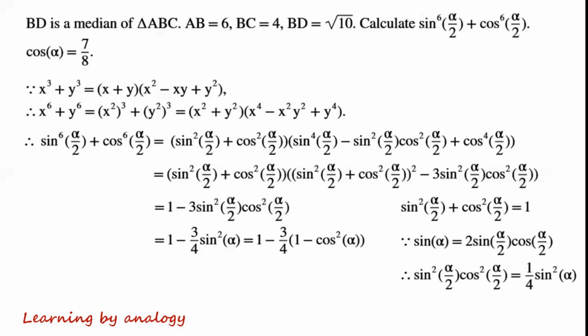So by rearranging the equation, we have sine squared alpha equals 1 minus cosine squared alpha.